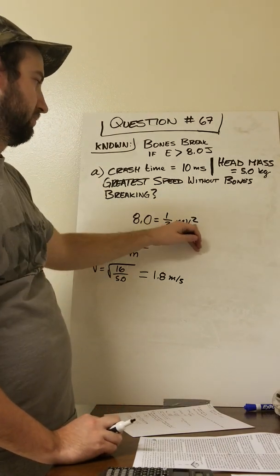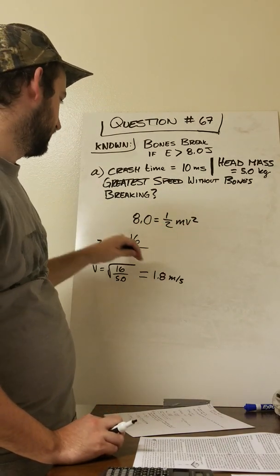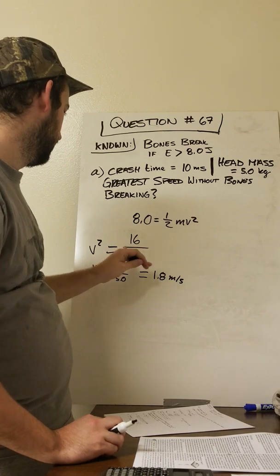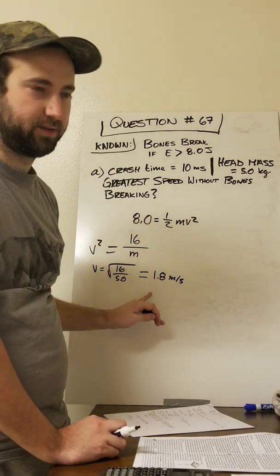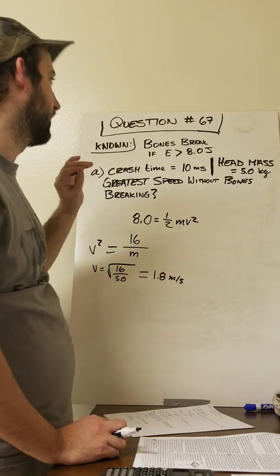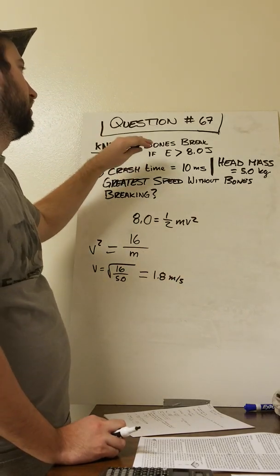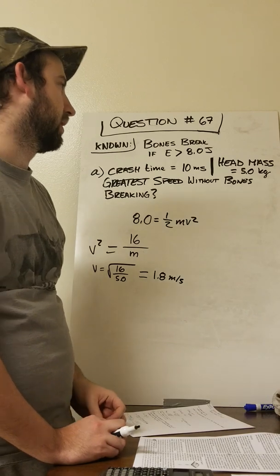So it's just a simple question, we just rearrange it, solve for the velocity, and that equals 1.8 meters per second. So that's the very fastest that head can be moving forward before the bones in the neck break.